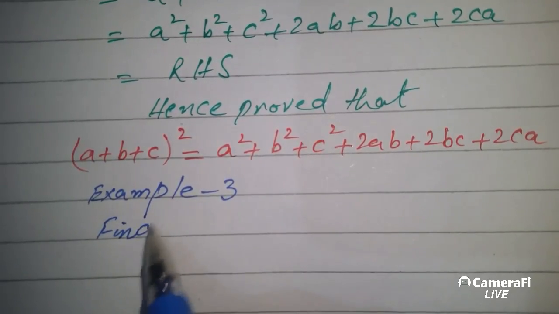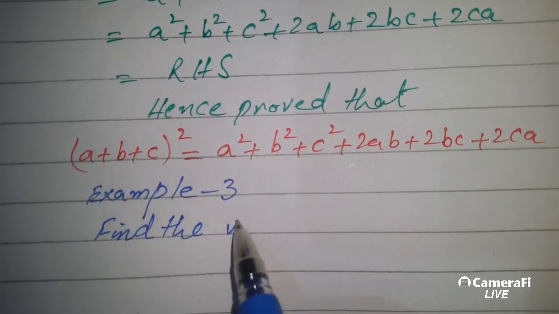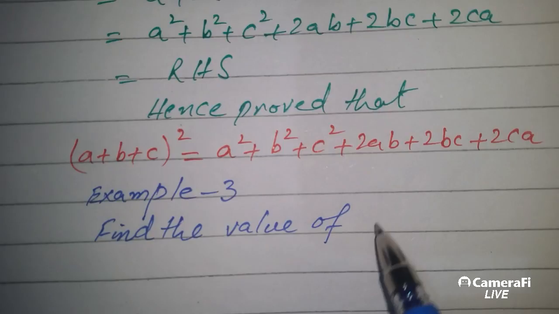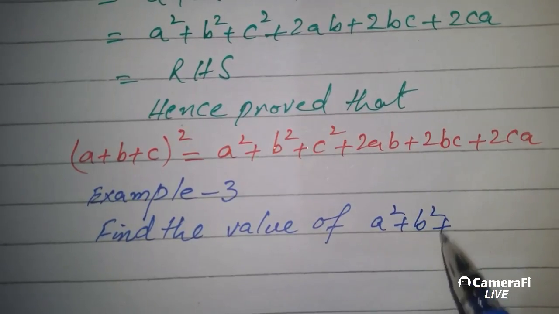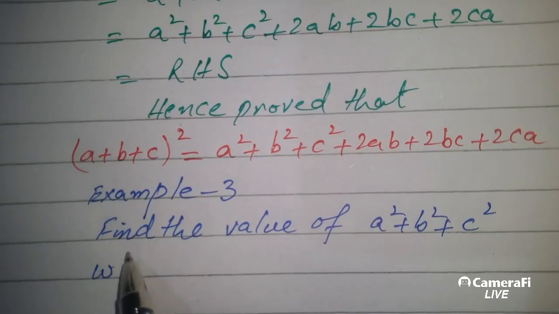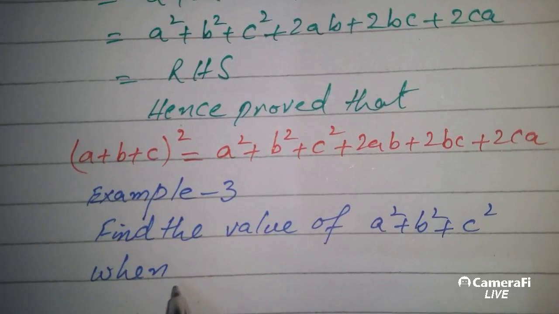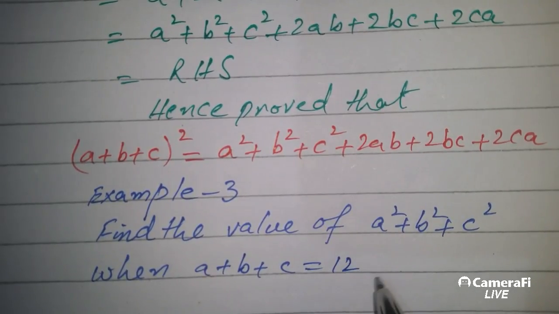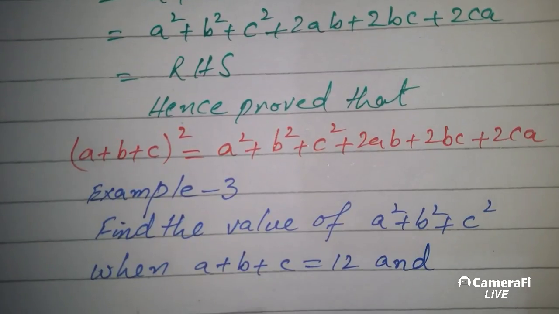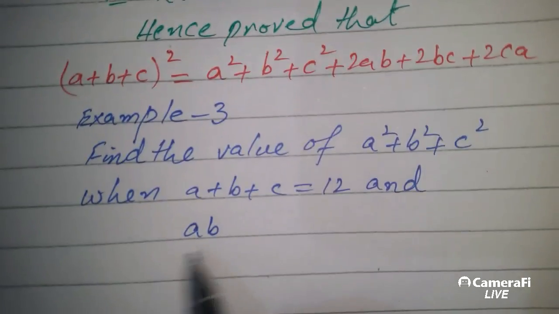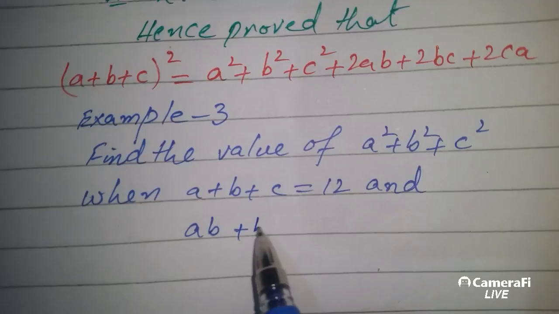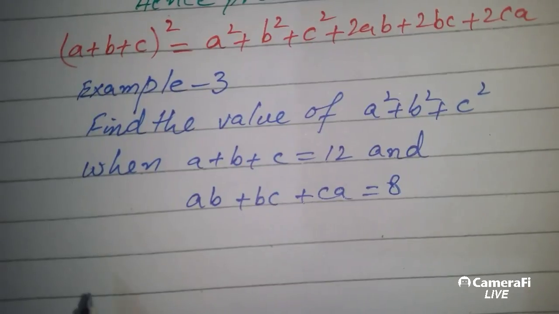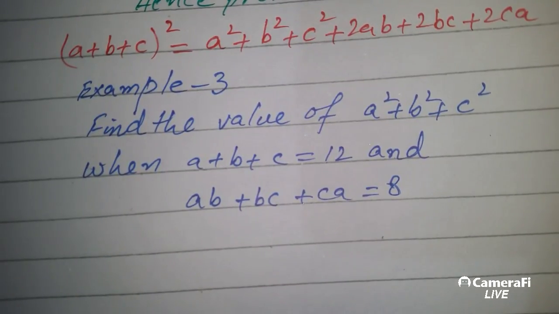Find the value of a square plus b square plus c square when a plus b plus c equals 12 and ab plus bc plus ca equals 8. Let's solve this one.